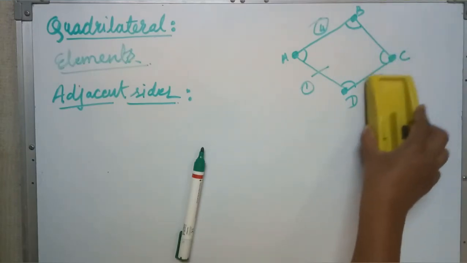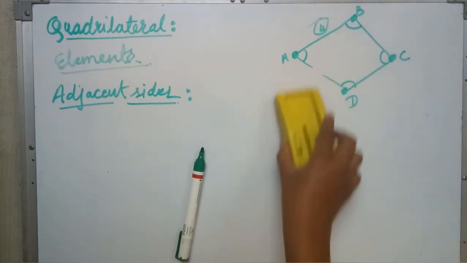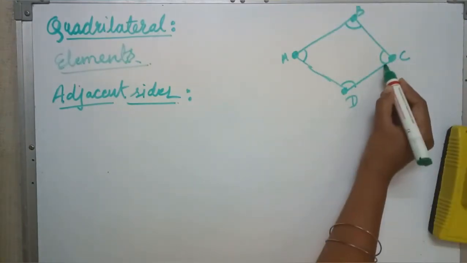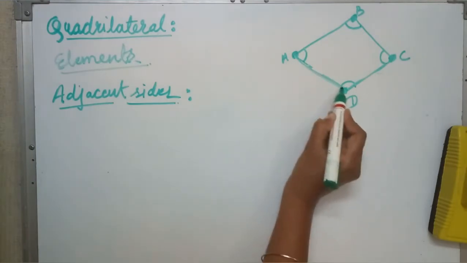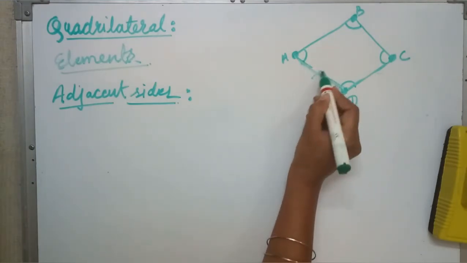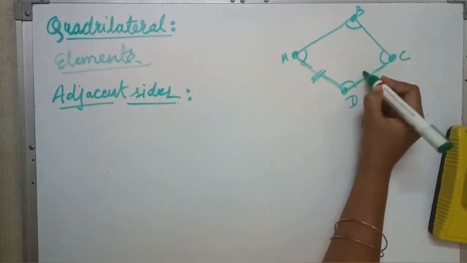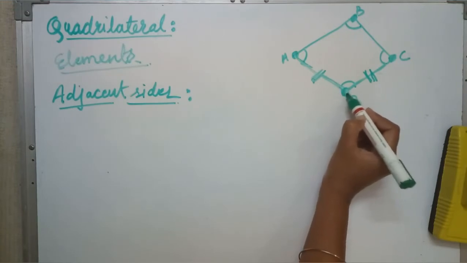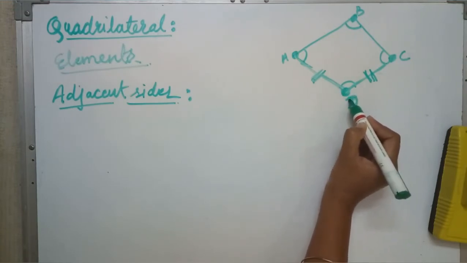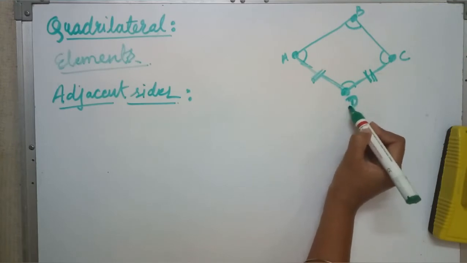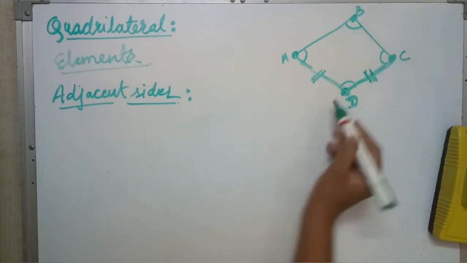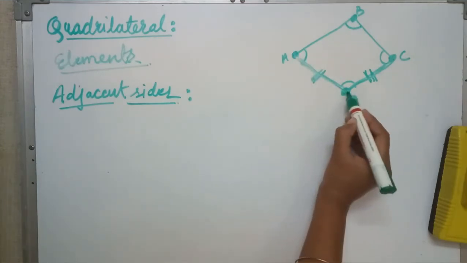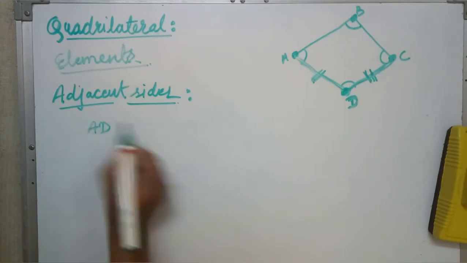Here in this figure, if I take side AD and side DC, these two sides are attached or joined at point D. So D is the common point for side DC and for side AD also.